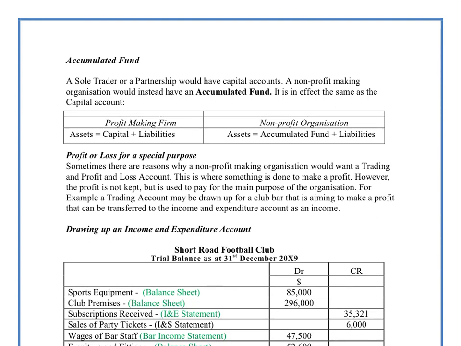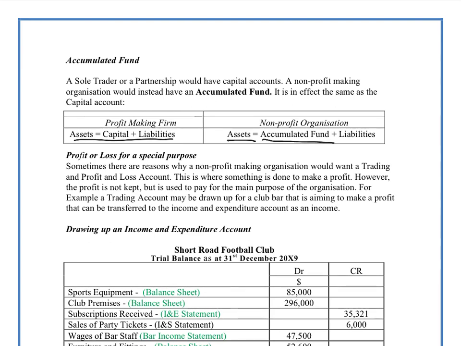So that means that our accounting equation becomes, instead of assets is equal to capital plus liabilities, our non-profit organisation would have a balance sheet where the assets in the top half are equal to the accumulated fund.